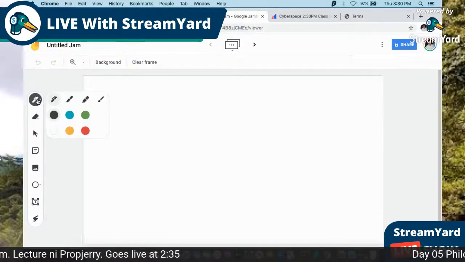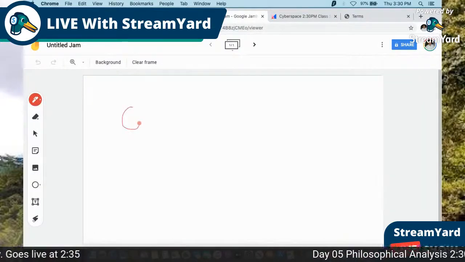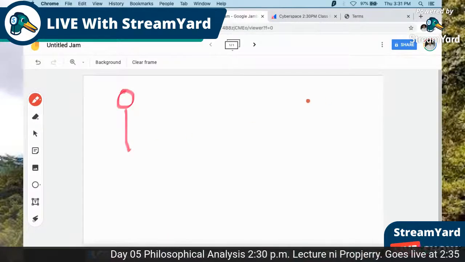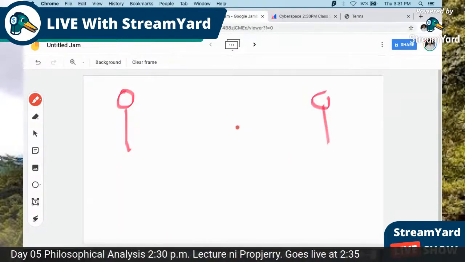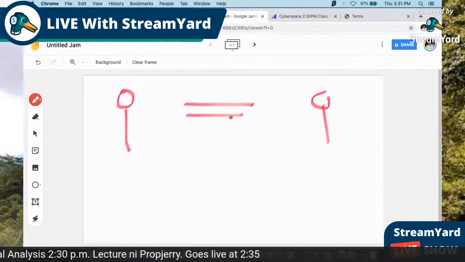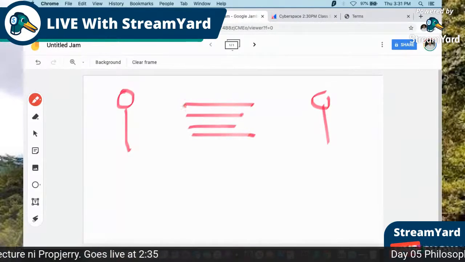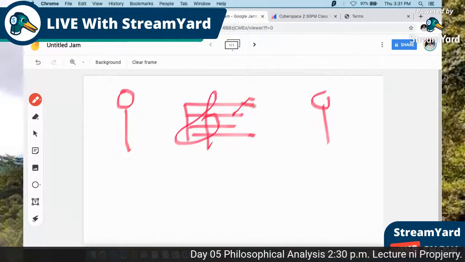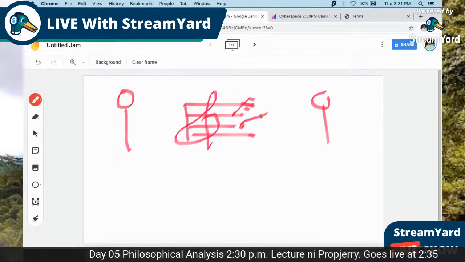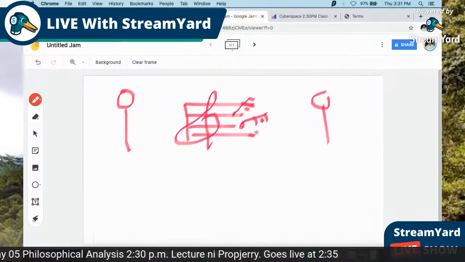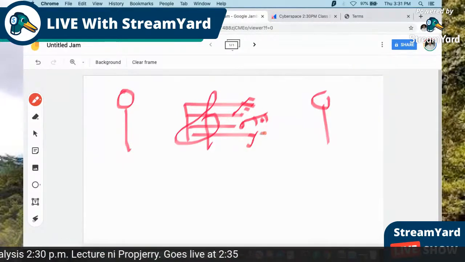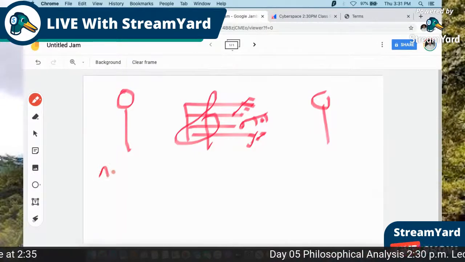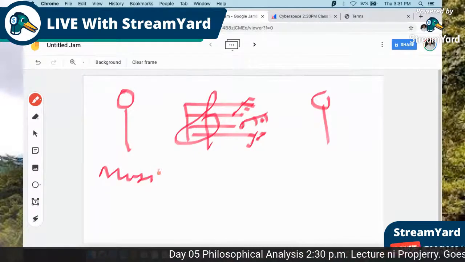Supposing there are two individuals, 1 and 2, and they hear a series of tones. The point is, for one, what he hears is music.